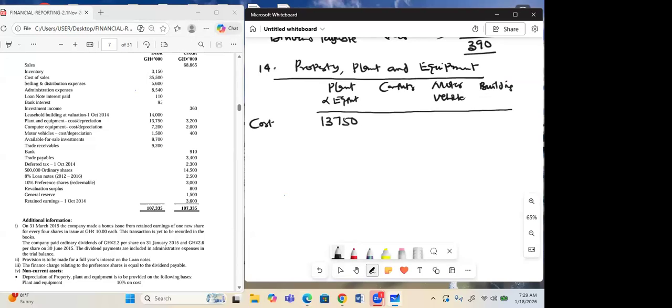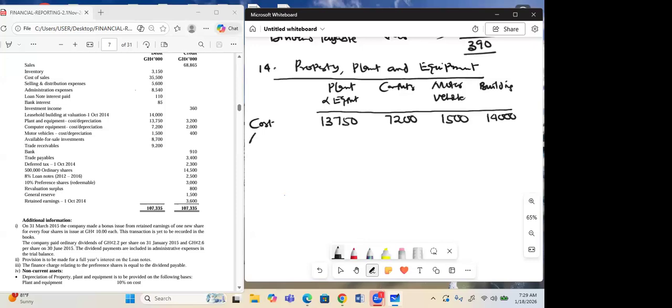What about computer? 7,200. What about motor vehicle? 1,500. What about buildings? Leasehold building, 14,000. So these were the valuations, right?